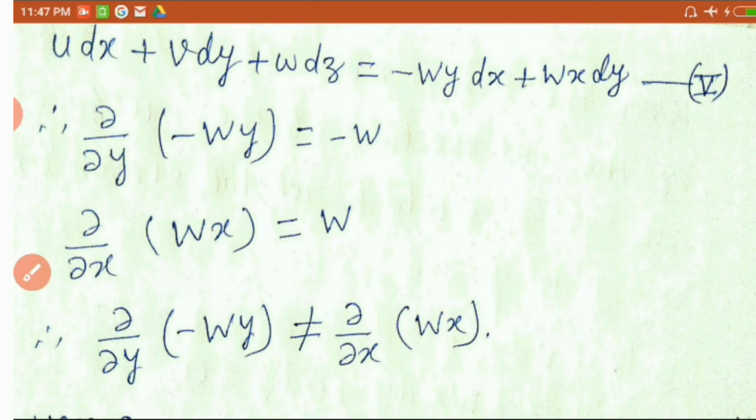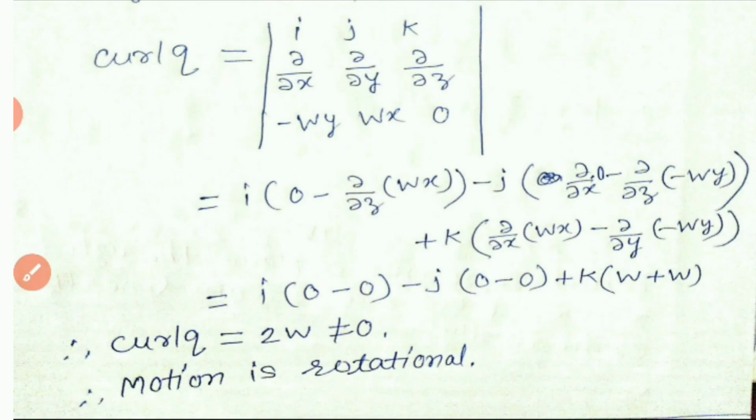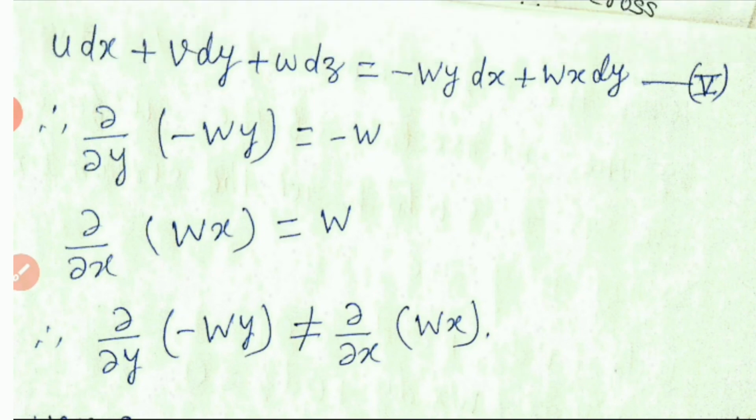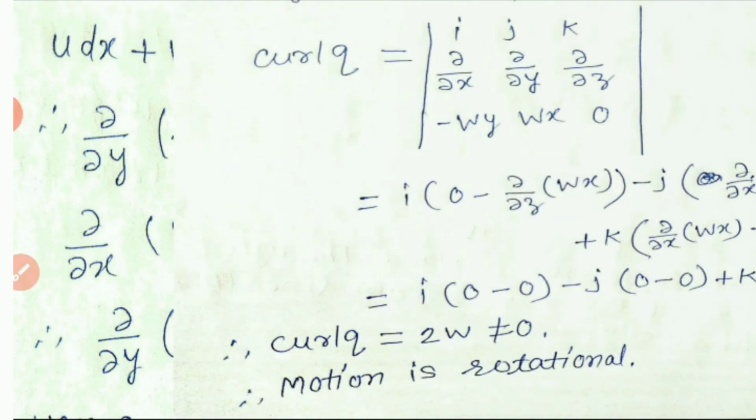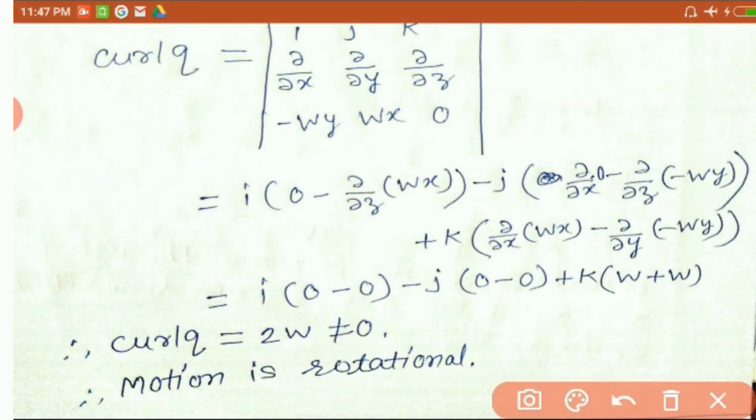Lastly, we have the curl of q, which is equal to the determinant of i, j, k; dou by dou x, dou by dou y, dou by dou z; and u, v, w, that is minus wy, wx, 0.